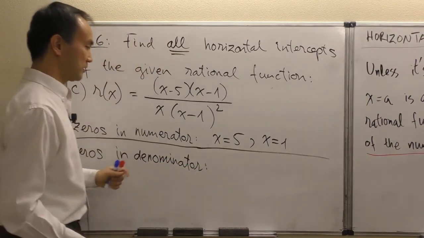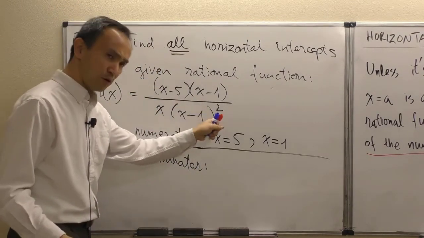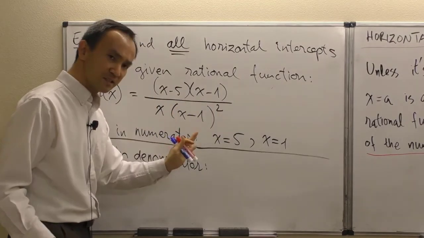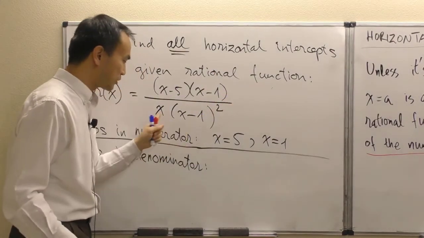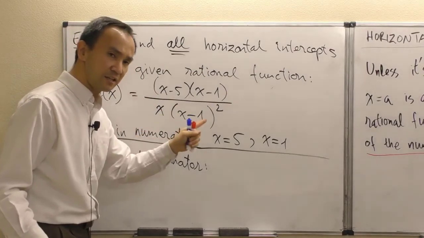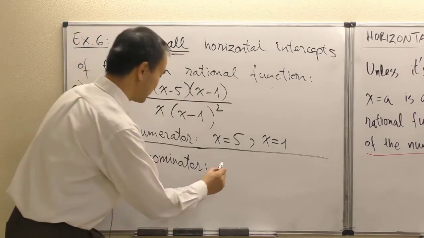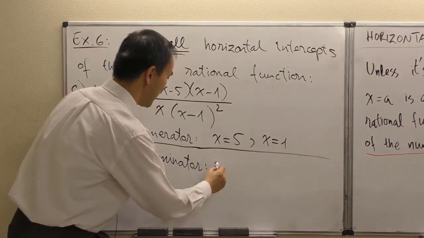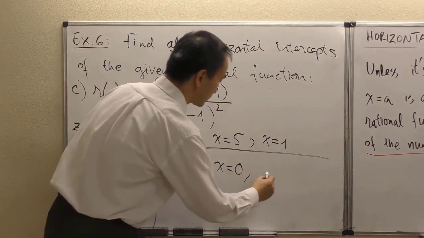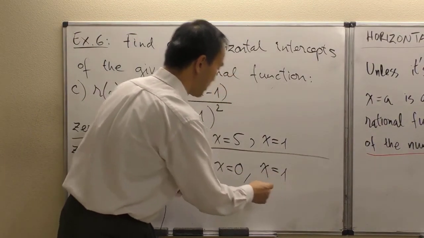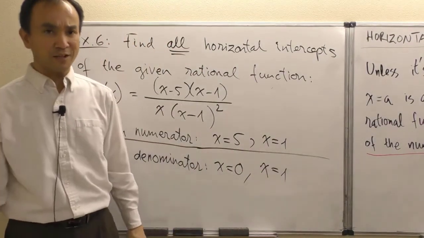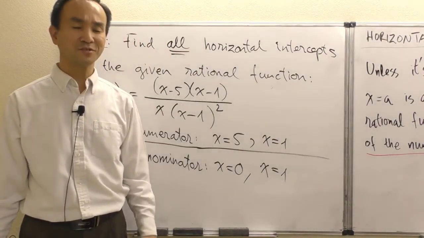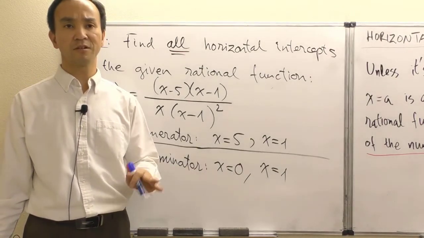And again, we have some multiplicity here, but what matters about the zeros is we only need to look for the distinct zeros corresponding to these distinct linear factors. Okay, so now I have one at x equals 0, and I have another one at x equals 1. I purposely wrote them in a way that they line up in a column right here. Okay, so now the answer has become clear.